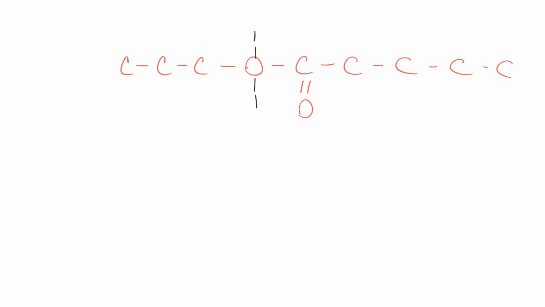Let me do that again, and I'm going to show you a different example, and I'm going to turn this thing around. Okay, here's another one. Again, I'm going to divide in half at my O. I'm going to look over here, and I've got 1, 2, 3. So this is going to be a prop. And then on the other side, I've got 1, 2, 3, 4, 5. So this is going to be a pent.